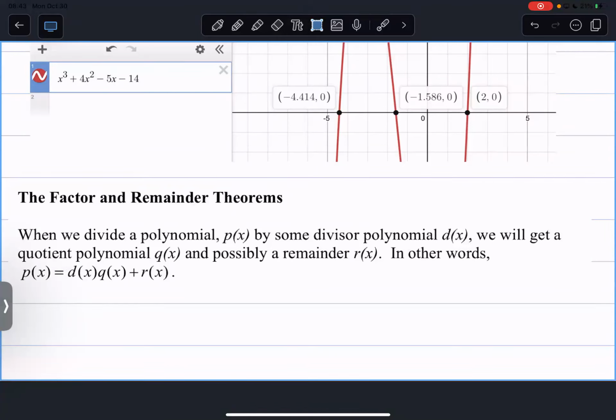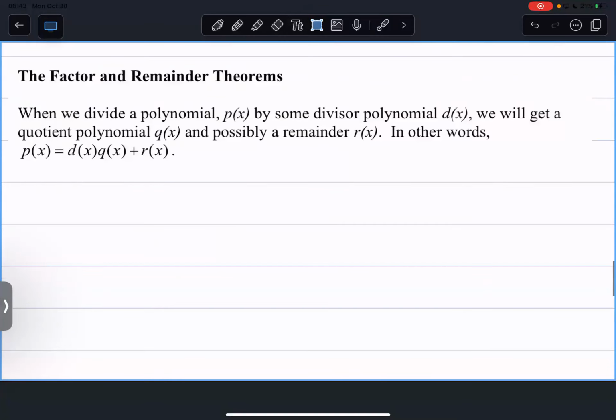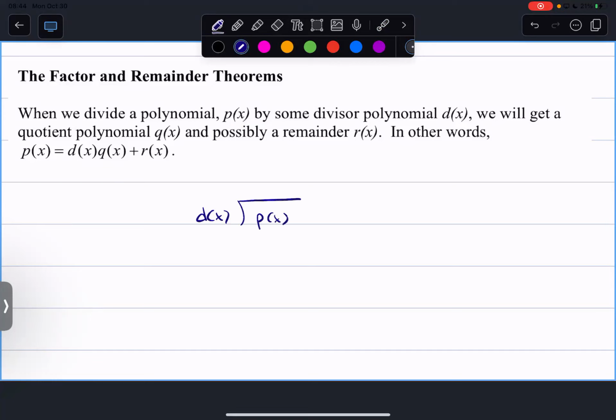Just like you might have some remainder if you're doing regular long division, which if you force me to do it now, I guess I could probably fumble my way through it, but I don't actually know how. I'm better at polynomial long division. It's kind of funny. So if we divide some polynomial p of x by d of x, what's that going to look like? That's going to look like d of x going into p of x.